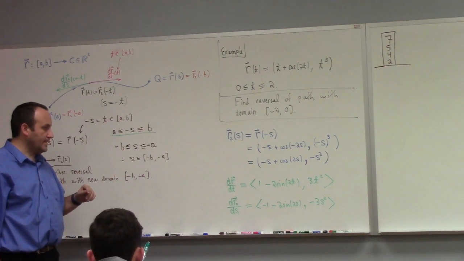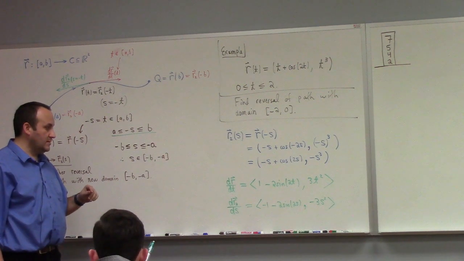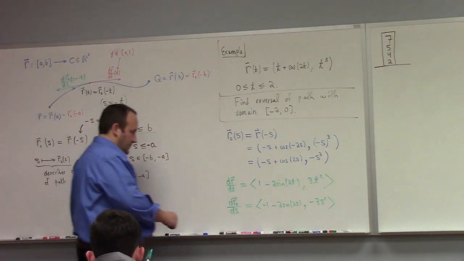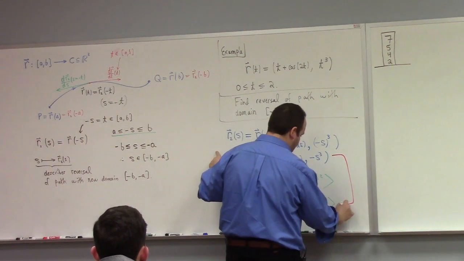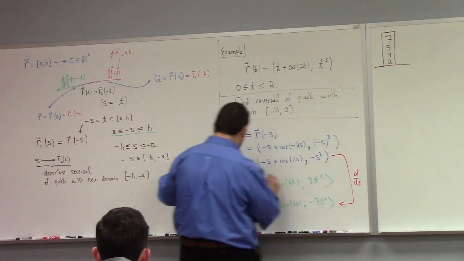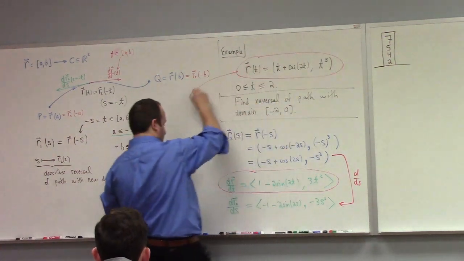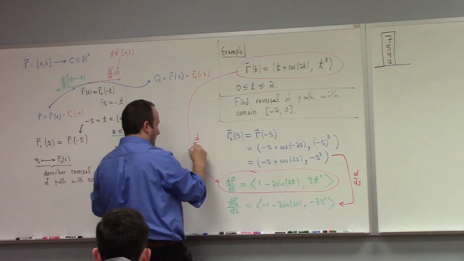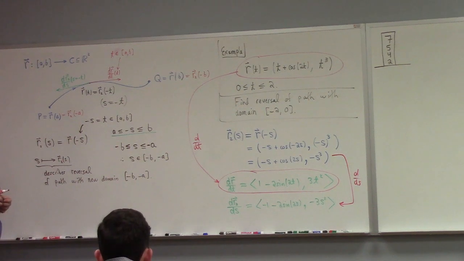So when you went from cosine negative 2s to cosine 2s because cosine's even, when you take the derivative of the original vector r2, I'm differentiating with respect to s to get down to there, right? This guy is coming from up here. Does that clarify it? Yeah.